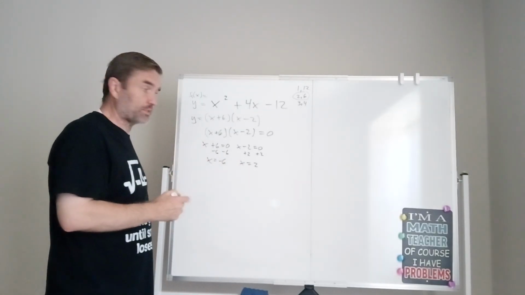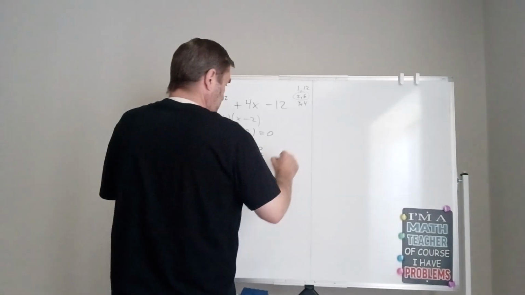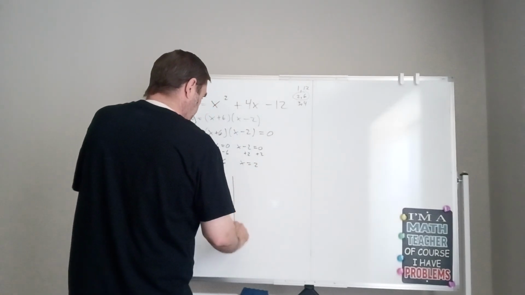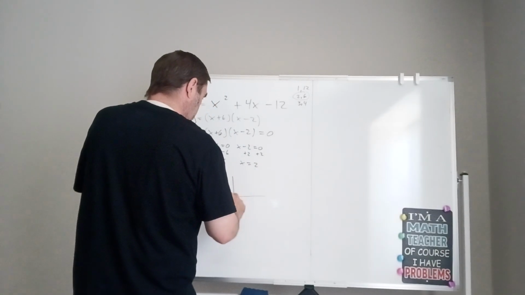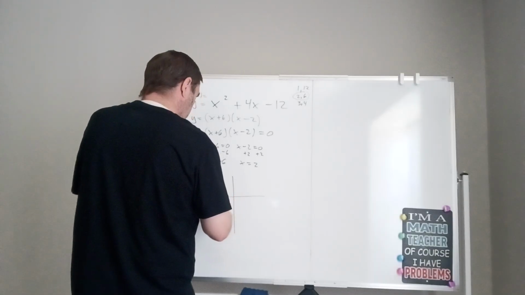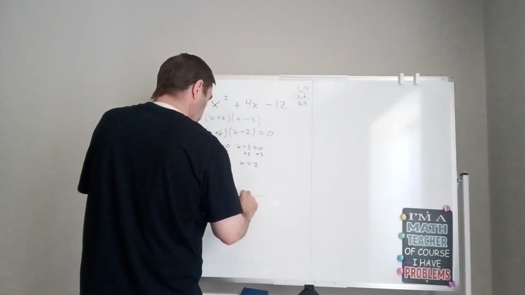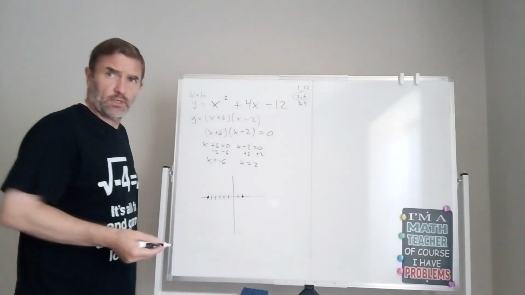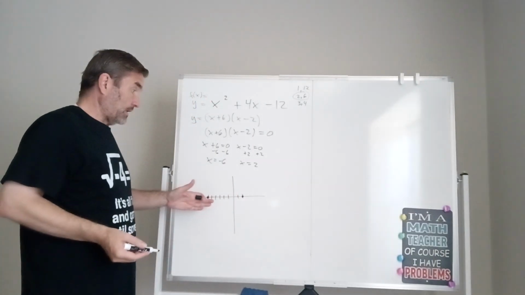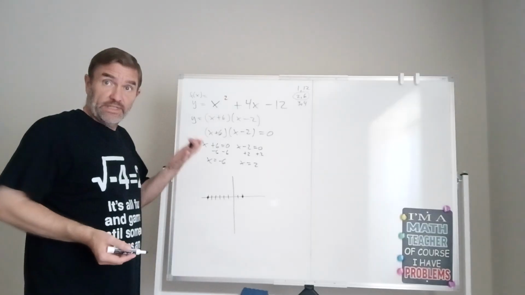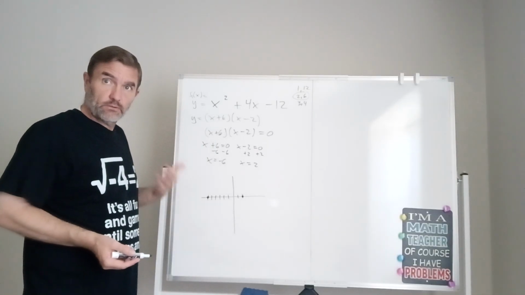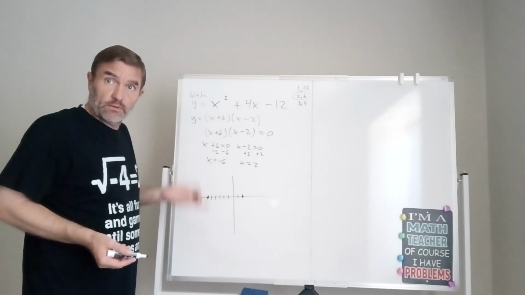It's got 4 names. Now, the significance to this is in the graph: negative 6 right there, and 2, those are the points where it crosses the x-axis. At this point, these are far enough apart, we only need one more point to graph this, and what we want is the vertex.